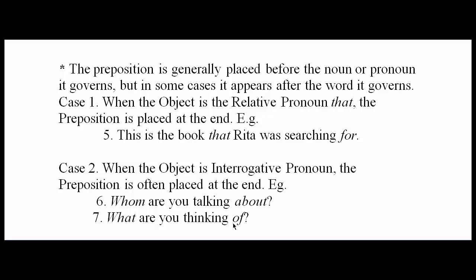What are you thinking of? Here both the prepositions about and of occur after the noun or the pronoun they govern. So these are the first two cases where a preposition can occur after the noun or pronoun it governs.